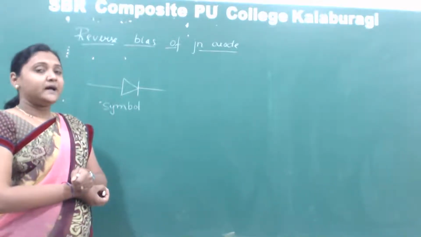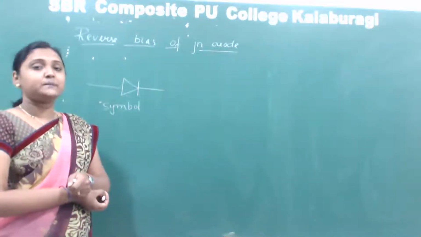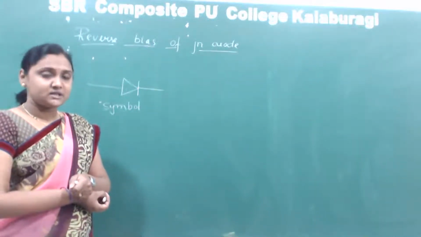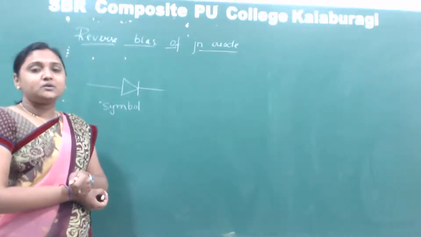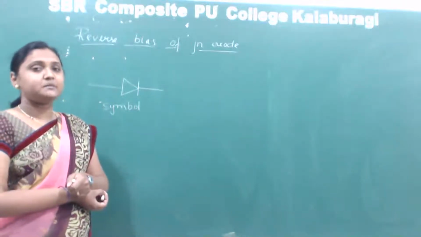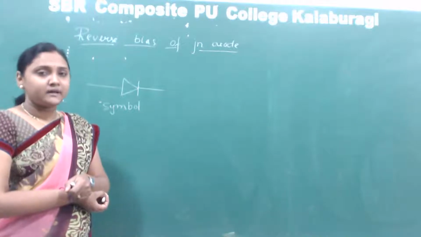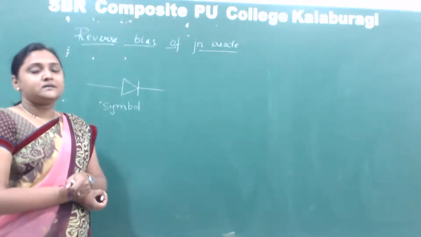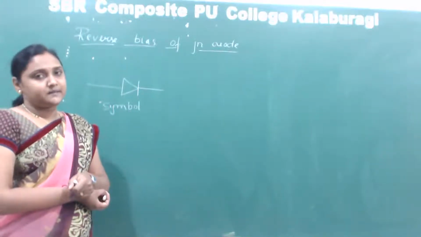Under unbiased condition, that means when the diode is not applied with any external energy, the diode forms a depletion region, or depletion layer, which is basically the deposition of immobile ions, negative ions at the P side, positive ions at the N side.